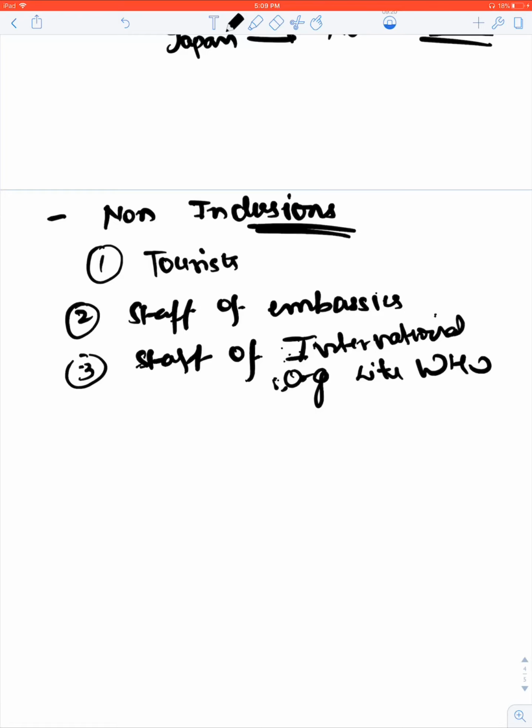I mean, if there is somebody who is working in India in WHO, he would be the normal resident of the country he belongs to and not India.